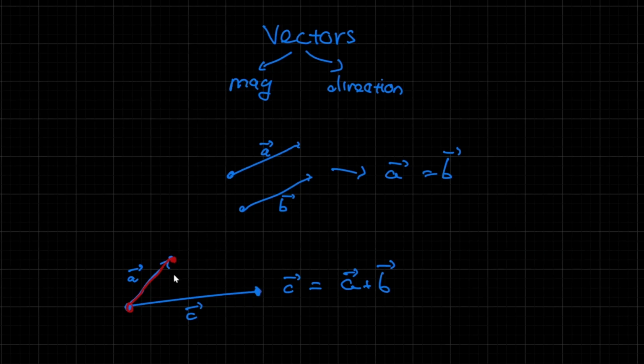Another way to do addition is that if I still keep A here, and I have another vector D parallel to this line and also with the same length, you can still have A plus D equal C, because B and D in this situation are the same.